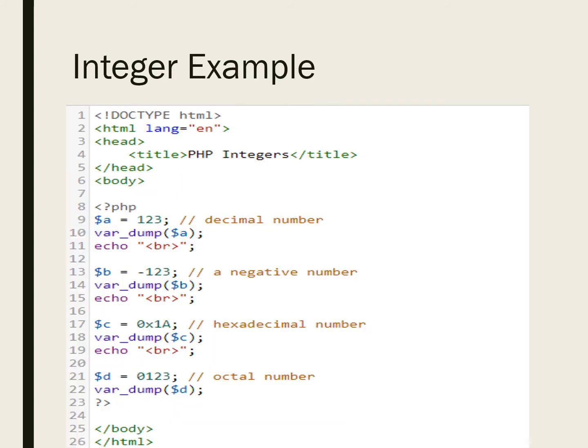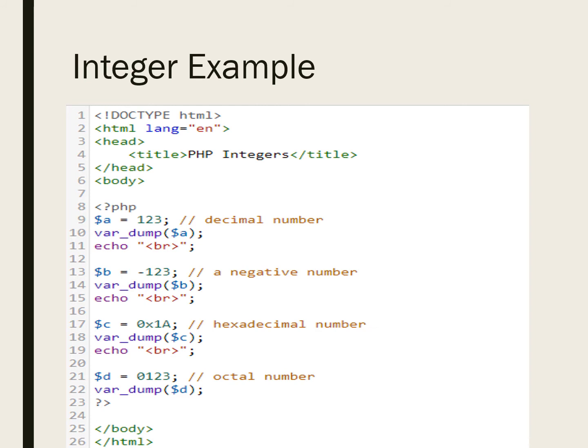Now here is the example listed of the PHP integer. In this code we can see that PHP integers is titled, and the first integer, 123, is a decimal number integer. var_dump is used to declare this decimal number integer, and it is echoing the results also. In the second portion, variable b is storing -123, a negative number, and echoing it.